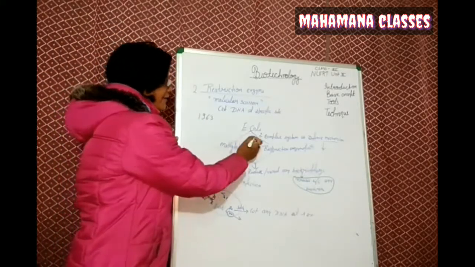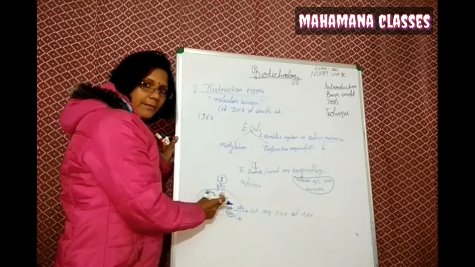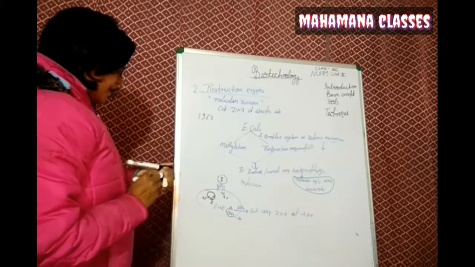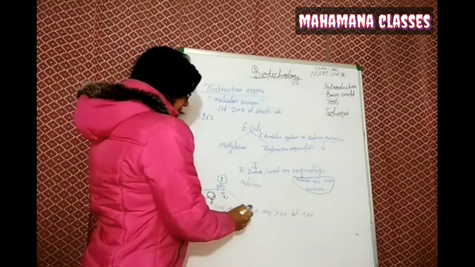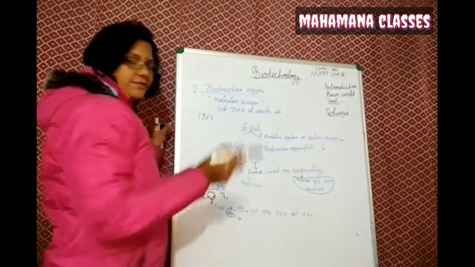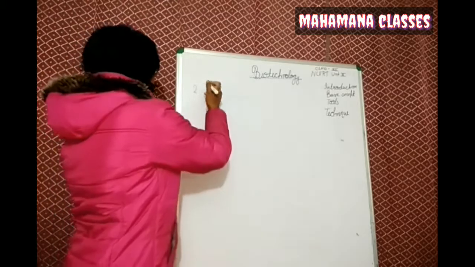So it is a defense mechanism because it disturbs the invader but protects itself. Scientists observed this capability of restriction enzyme and used it further, and we will discuss it later. The third enzyme is phosphatase.